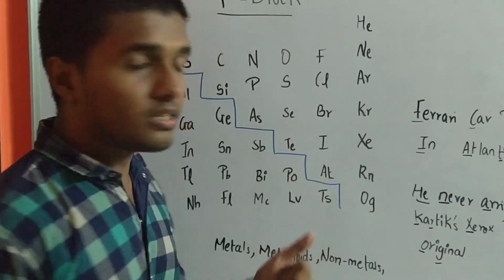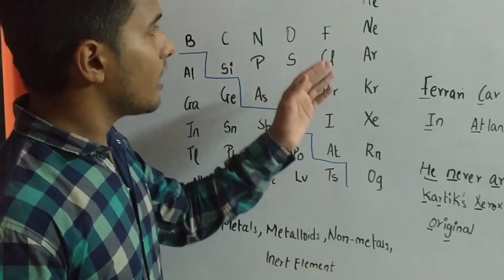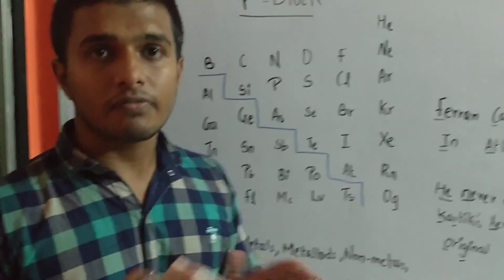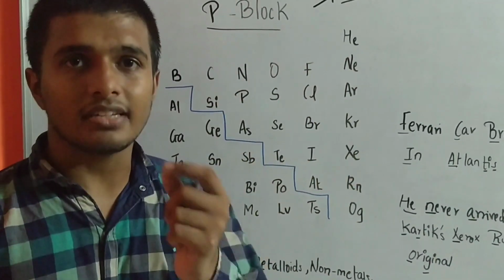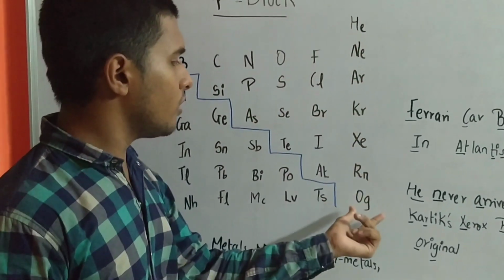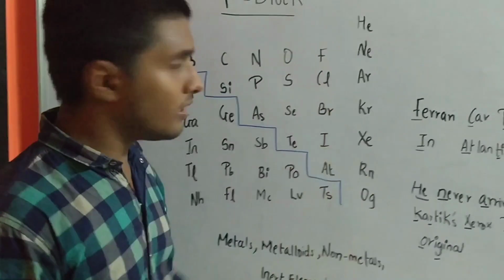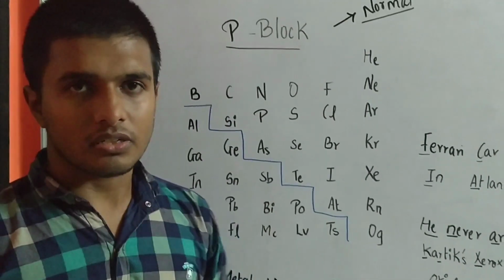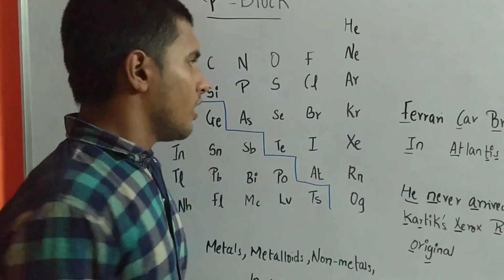Second, they are non-metals. Third, they are inert elements because their outermost orbits are completely filled. I am saying duplet and octet because helium contains only one shell, that is the K shell, hence it has a complete duplet, and the rest of the elements from neon to oganesson, which is the recent one, contain a complete octet, with more shells after the K shell: K, L, M, N.